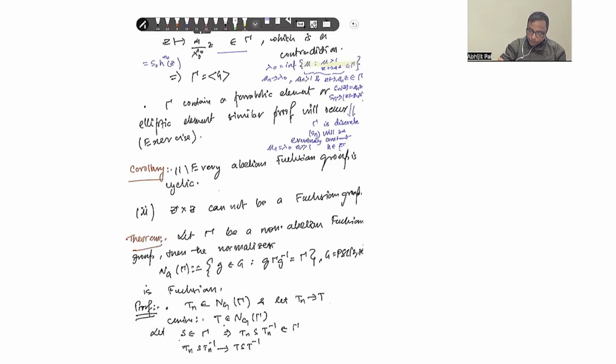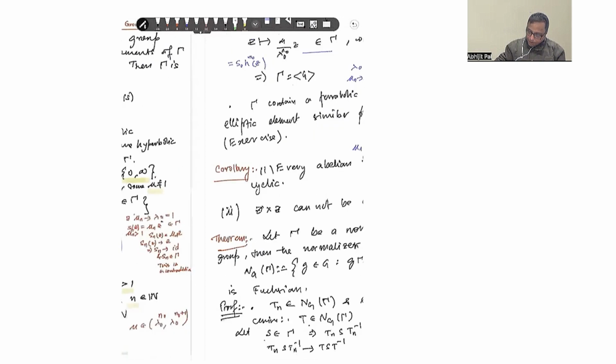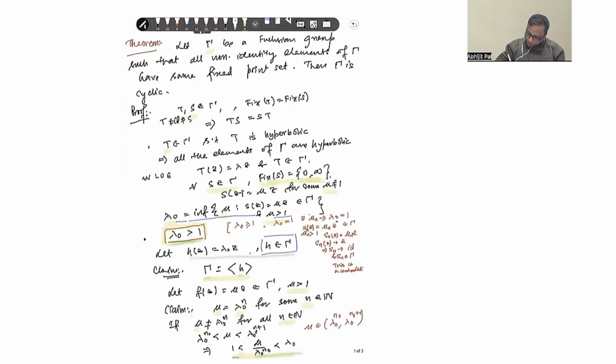So this is a contradiction. The contradiction is arising because of this assumption. Therefore, mu will be equal to lambda naught to the power n for some natural number n.